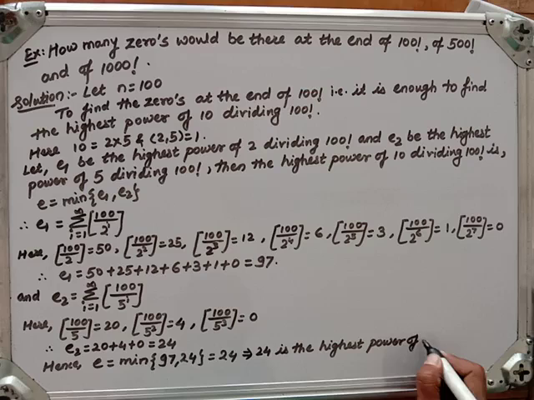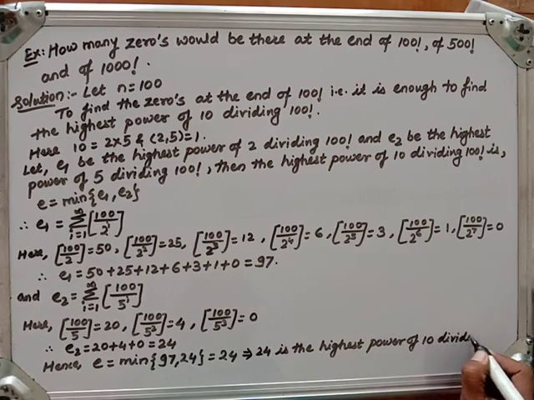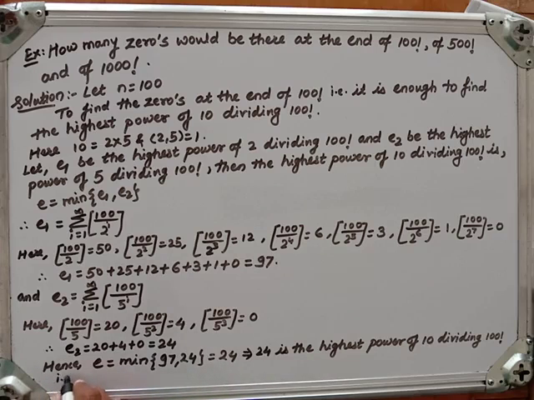So this implies 24 is the highest power of 10 dividing 100 factorial. That is, 10 raised to 24 divides 100 factorial, but 10 raised to 25 doesn't divide 100 factorial.